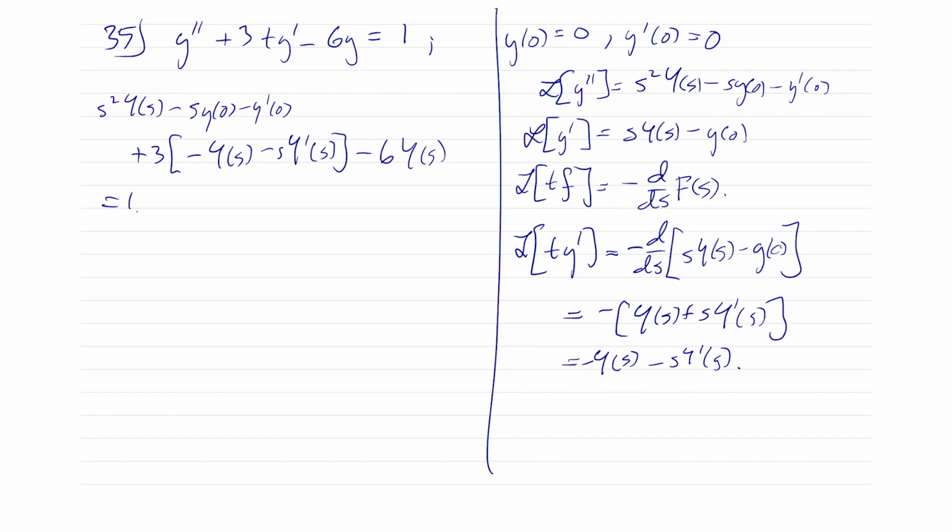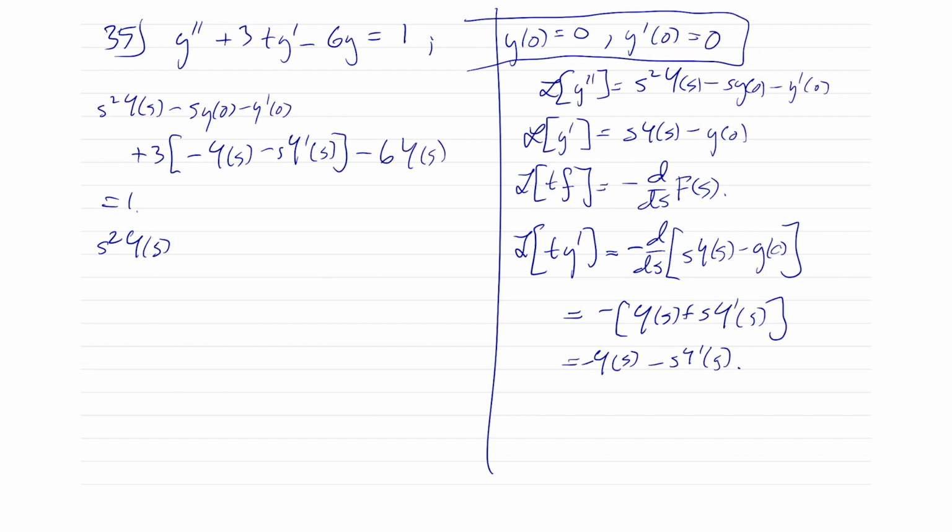And so we're going to get s squared times Y of s. Our initial conditions are all 0, so those terms disappear.